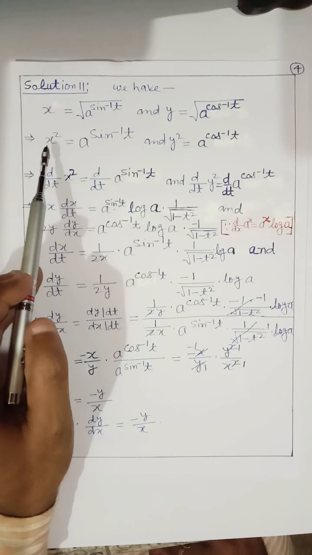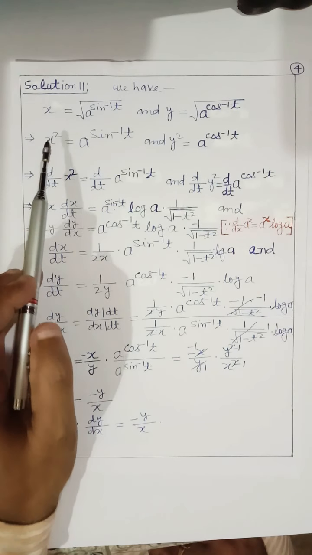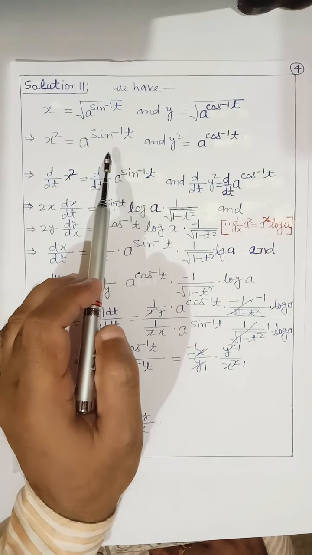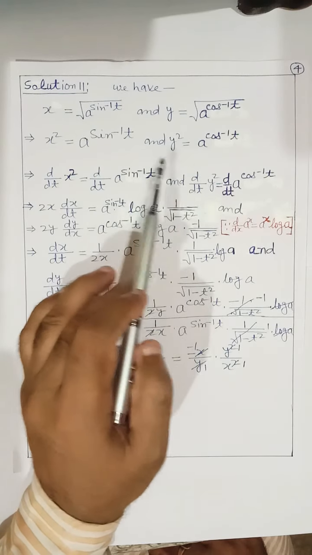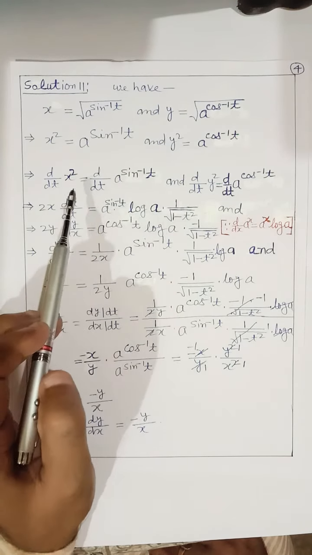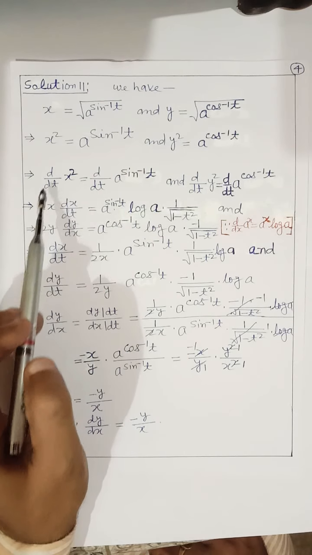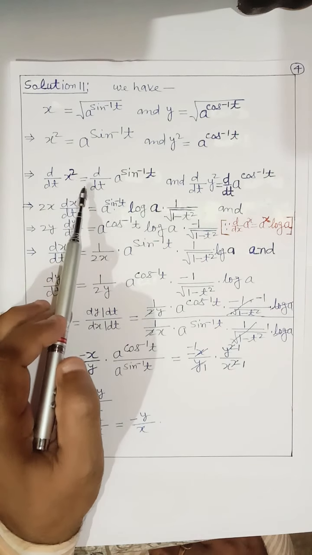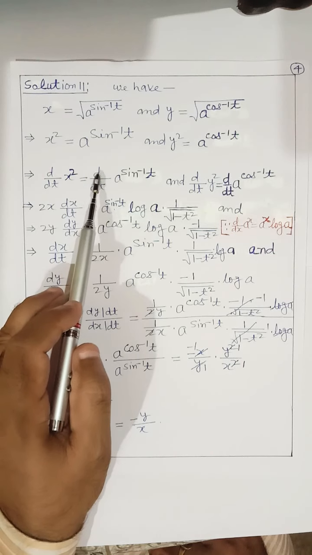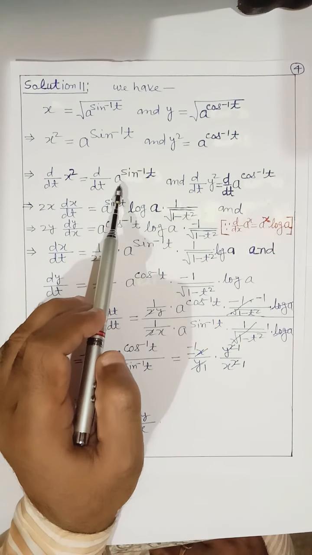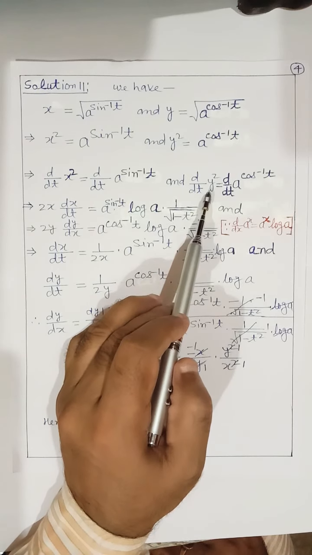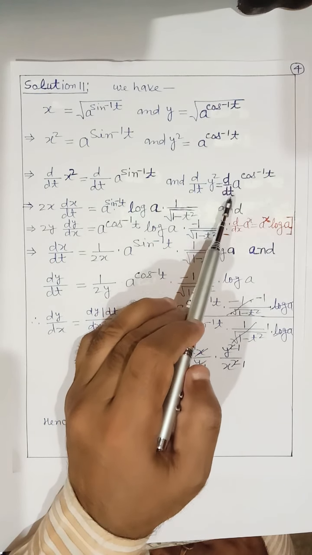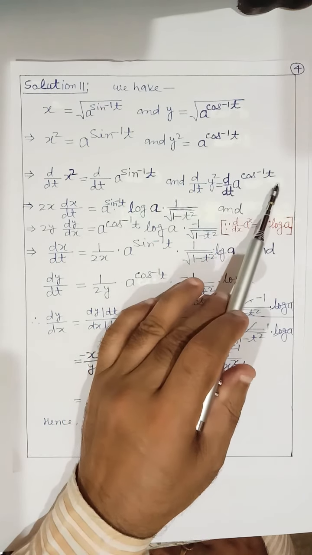Here we differentiate x square and y square with respect to t because here the variable t is a parameter. So d/dt of x square is equal to d/dt of a to the power sin inverse t, and d/dt of y square equal to d/dt of a to the power cos inverse t.